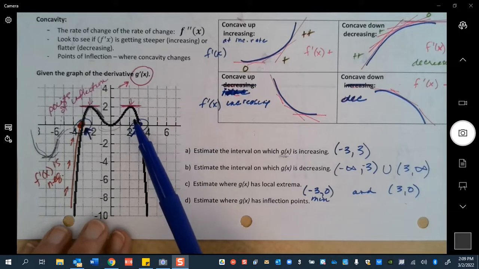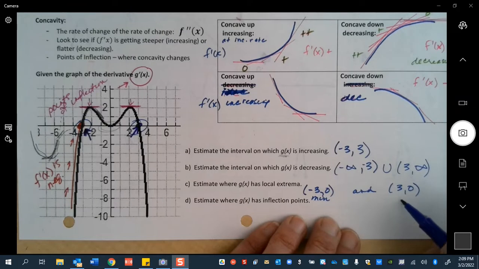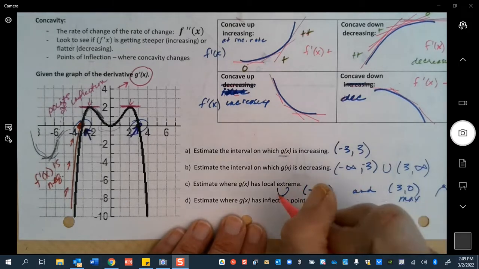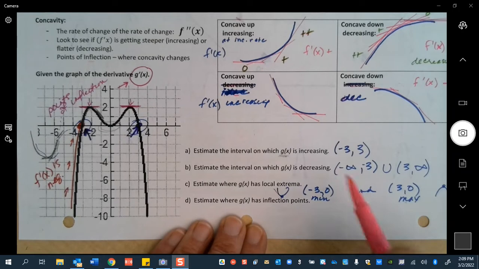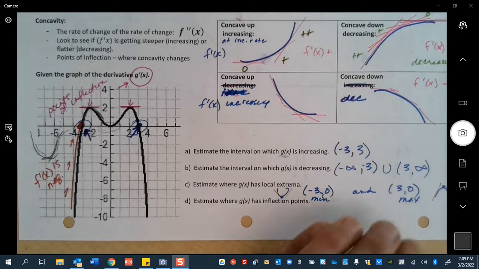Since I have a positive to a negative, I know this one's a maximum. And draw yourself a little picture to see if I have a negative slope that goes to being positive, or if I have a positive slope that goes to being negative. That's my min and max.